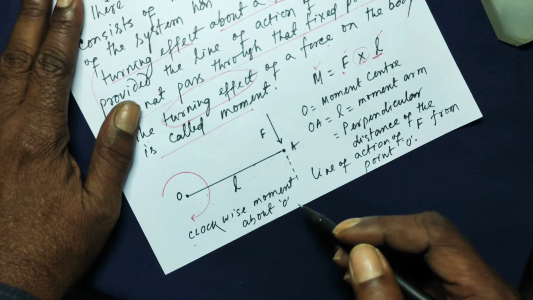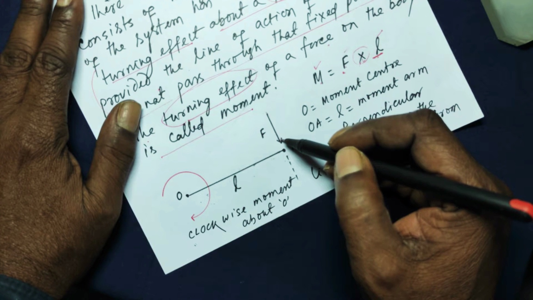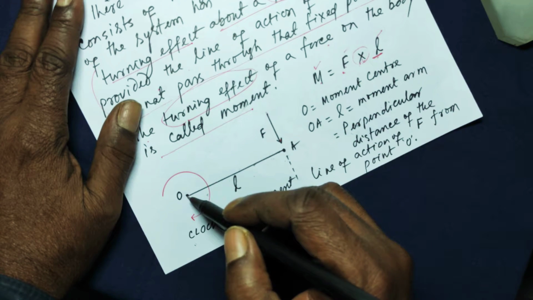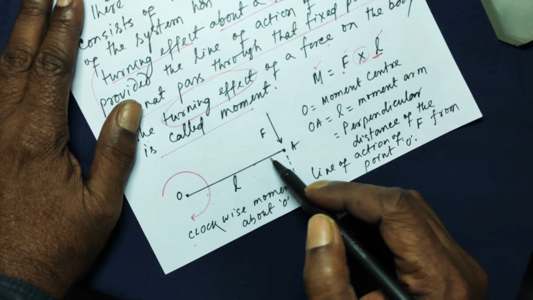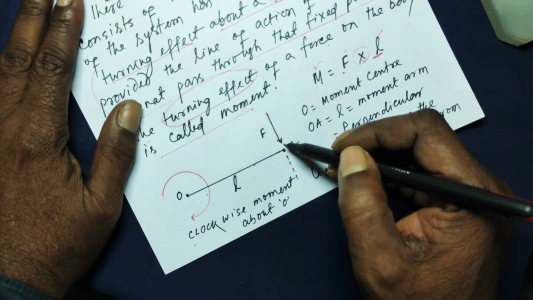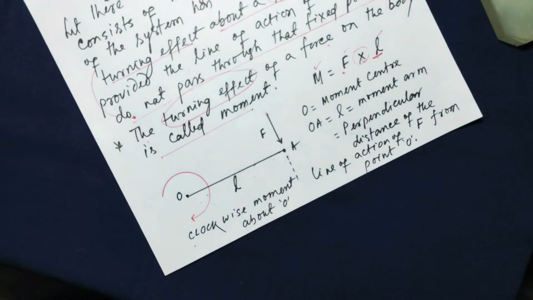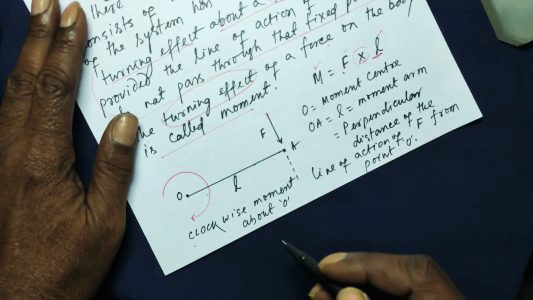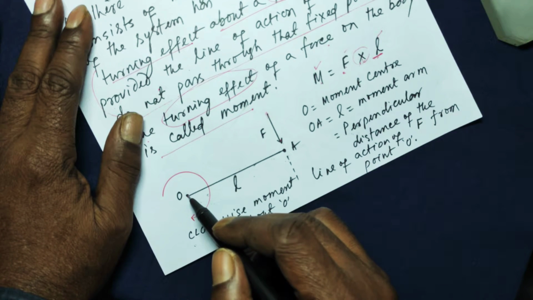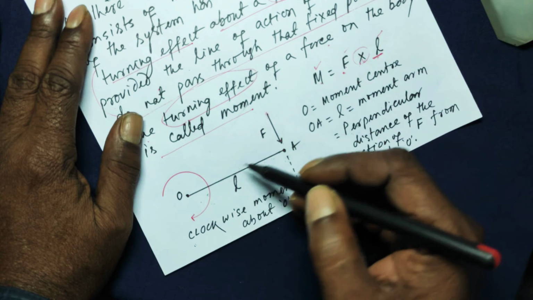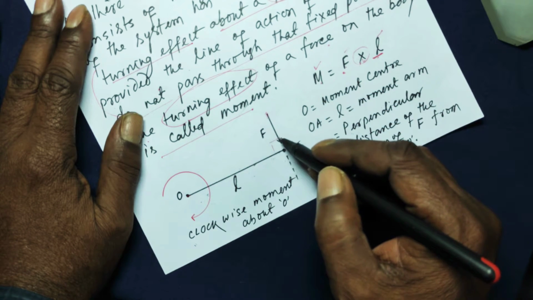Now look at this diagram. Here is a force. What is its effect about the point O? So let me draw this line like this. This force F is perpendicular to this line at this point A. Suppose this is a thin rod fixed at O, and you are applying the force like this, such that this angle is 90 degrees.